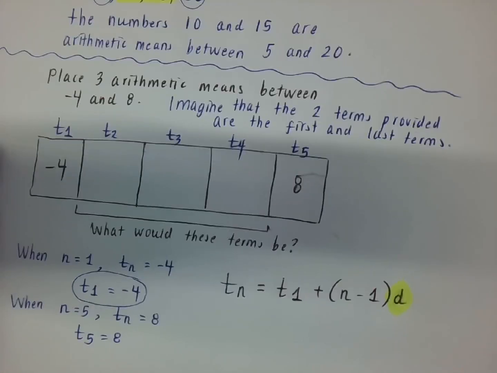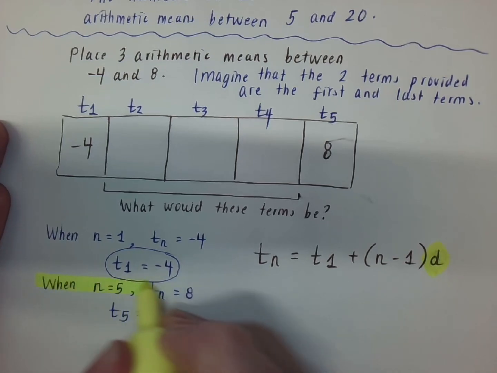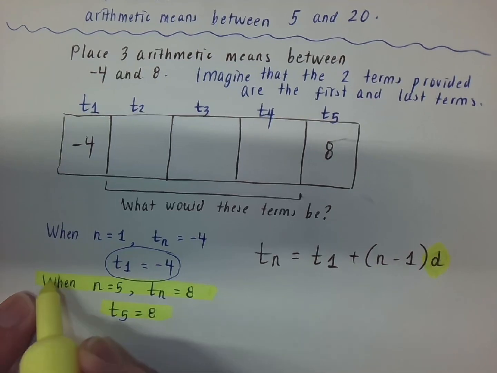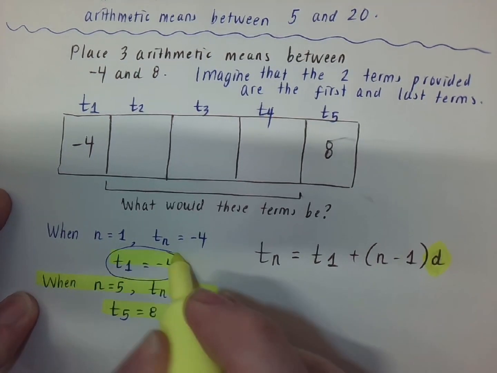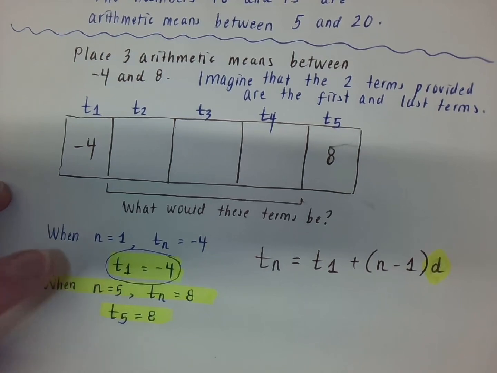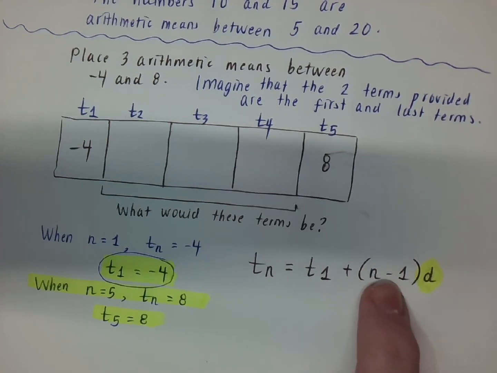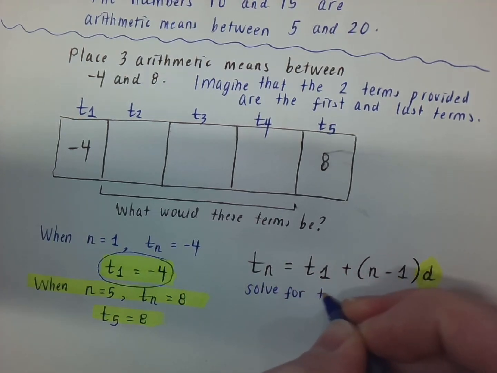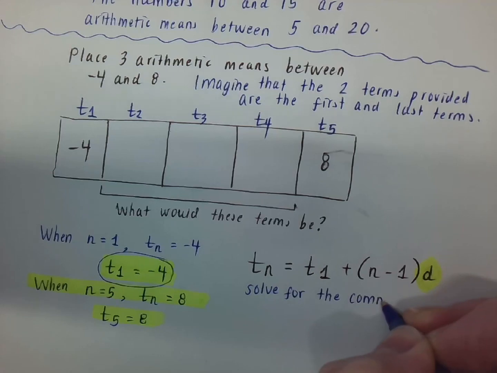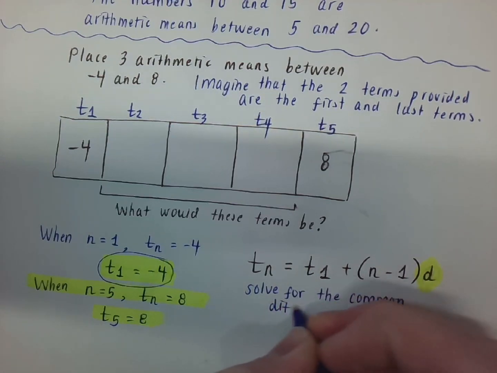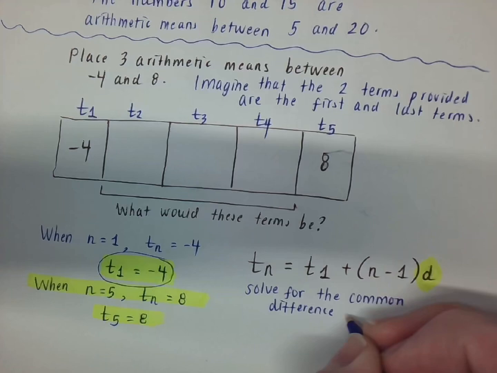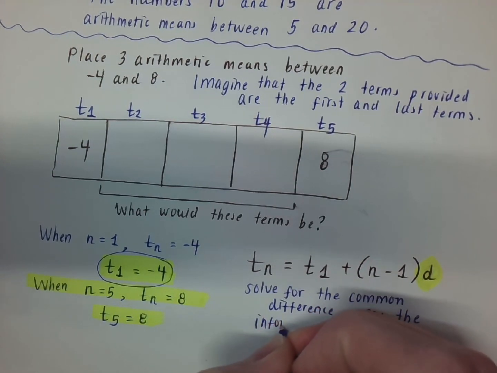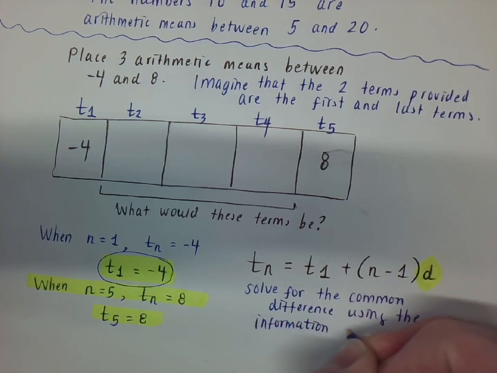If I combine this information with the fact that my T1, or my starting point, is -4, I could solve for that common difference using the information provided.